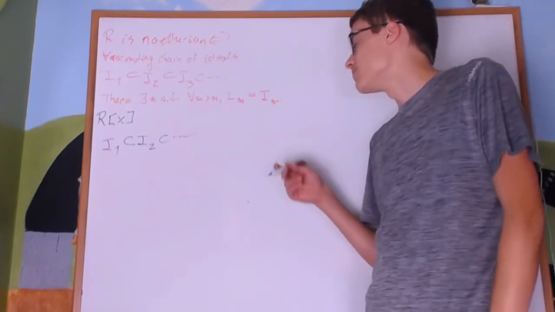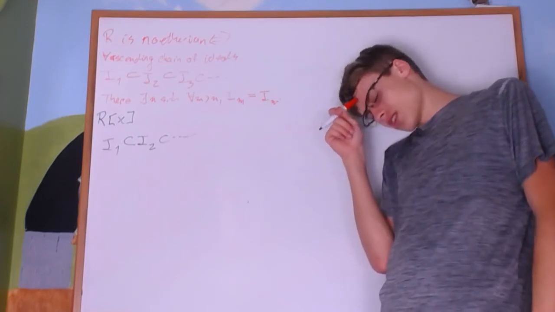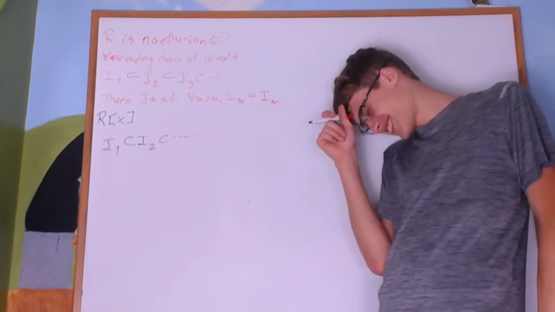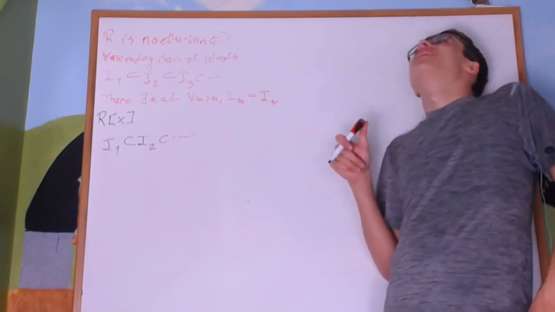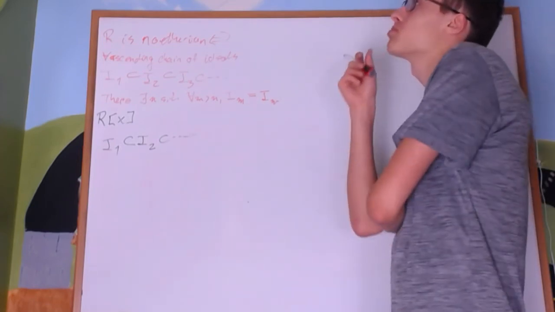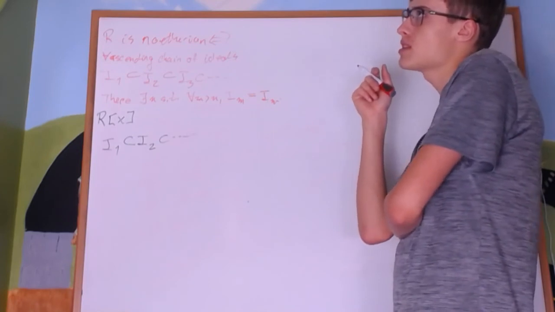Huh, alright. So, an ideal on the polynomial ring is closed under arbitrary multiplication.